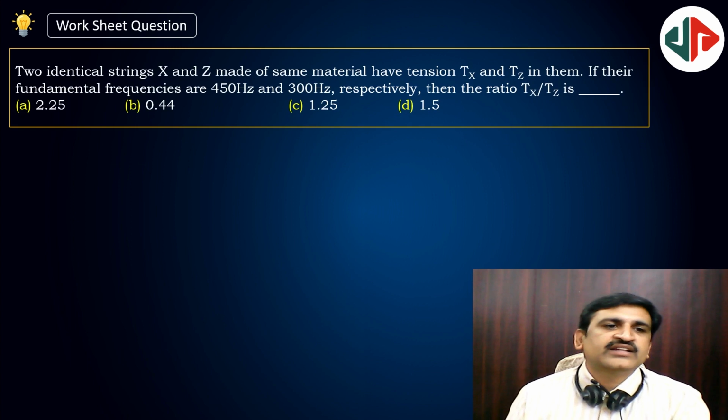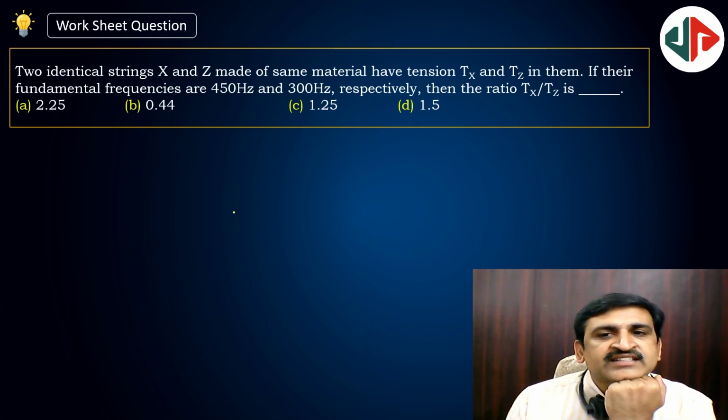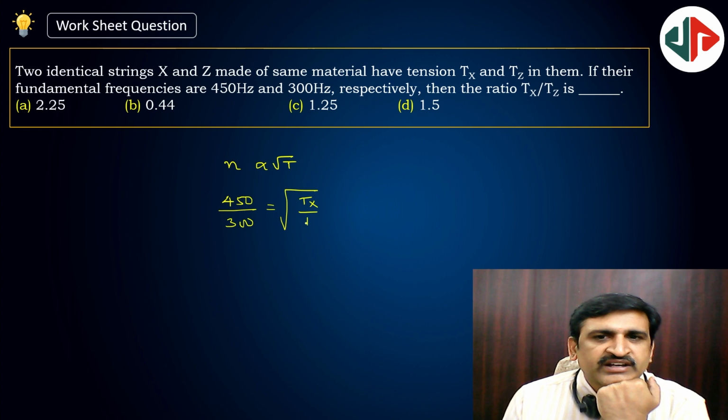Two identical strings X and Z made of same material having tension Tx and Tz in them. If their fundamental frequencies are 450 and 300 respectively, then tensions ratio. So fundamental frequency n is proportional to root T, right? So 450 by 300 is equal to root over Tx by Tz.